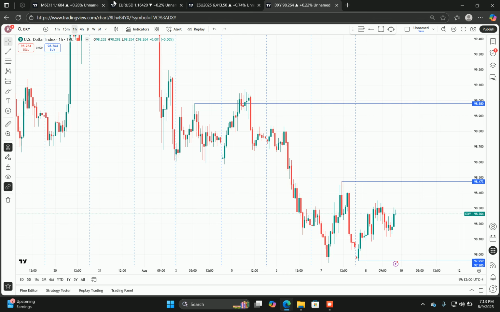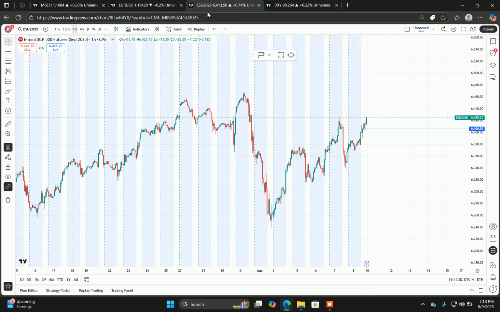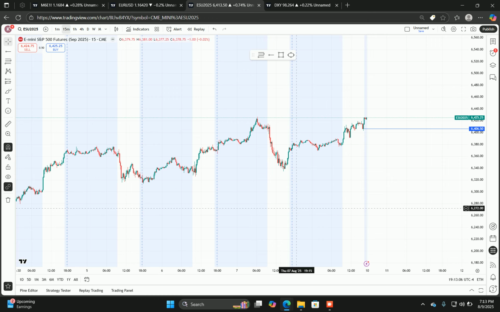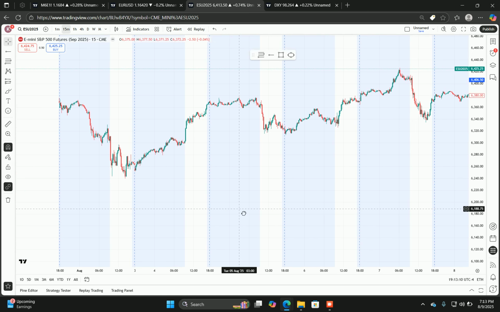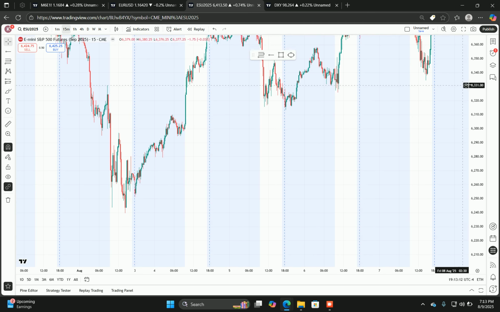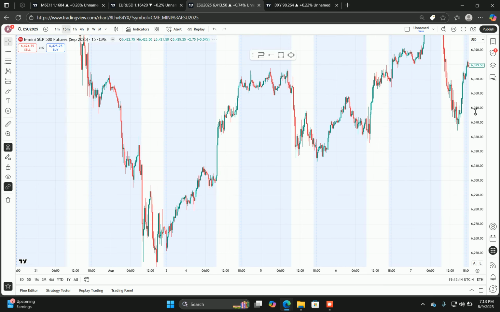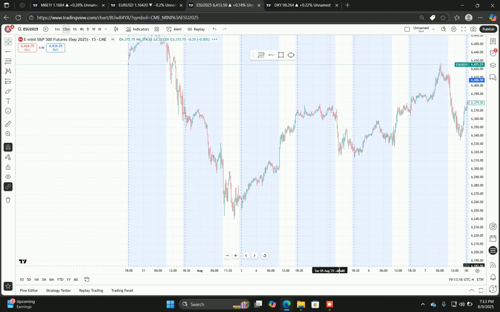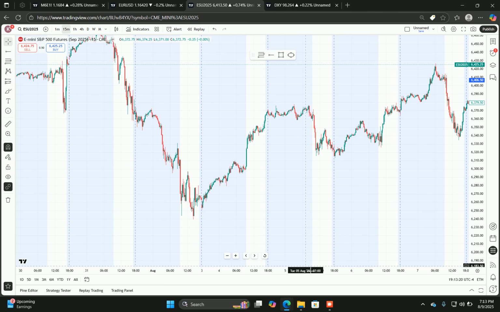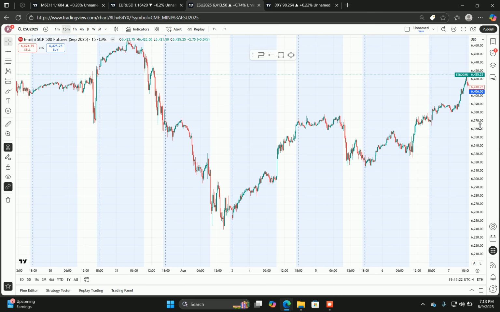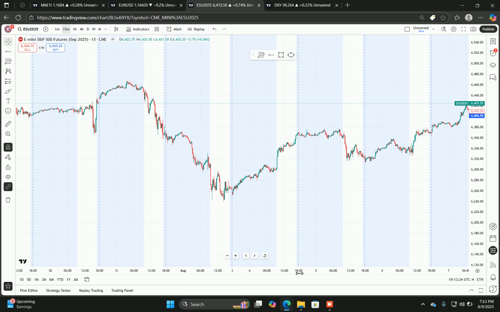If we go over here to the ES contract on Tuesday, drop down to the 15-minute time frame. We're gonna go to Tuesday, August the 5th at 3 a.m. Before we get into that, I'm gonna zoom all the way out for you on the hourly time frame so you can see it.